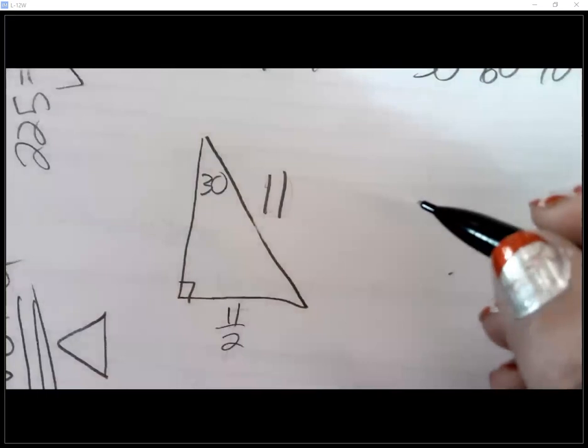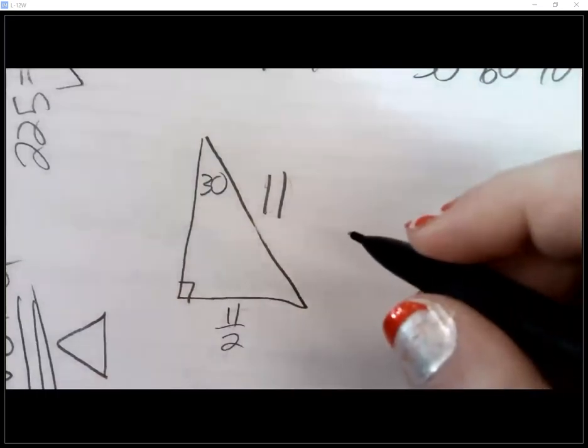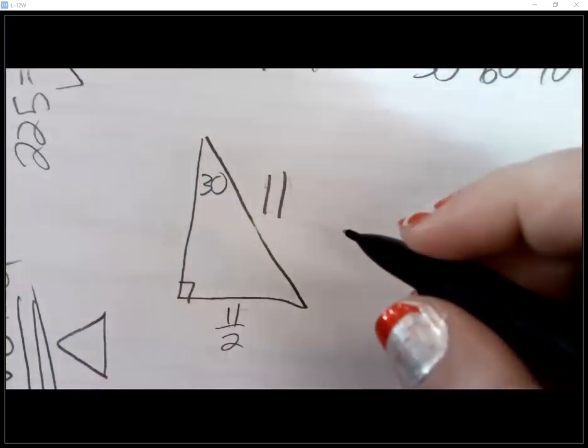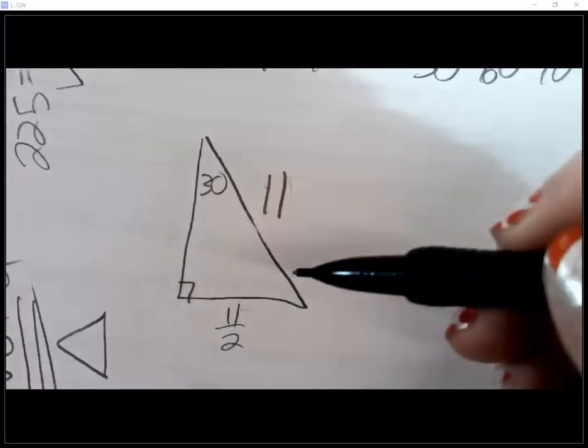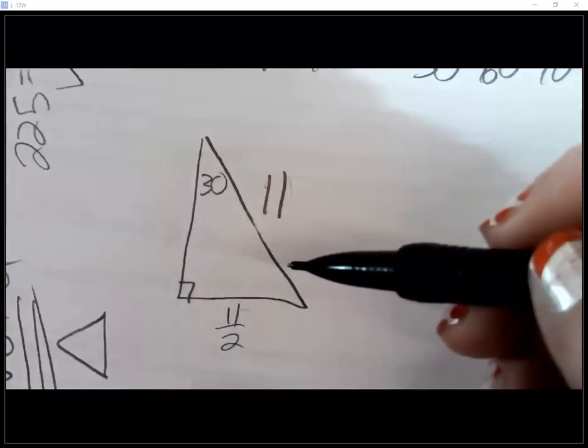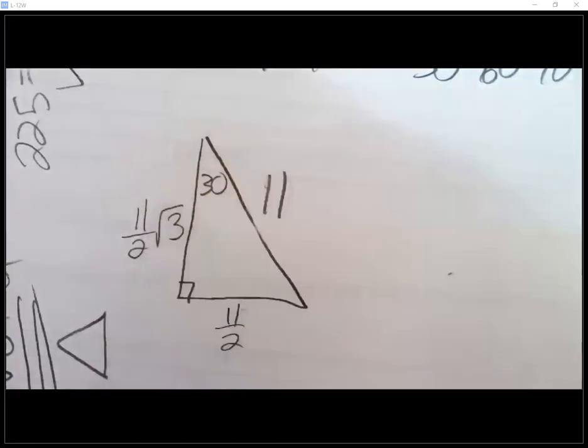You're not wrong, but just be careful. And then this third side would be 11 over 2 root 3. Okay, that's not so bad.